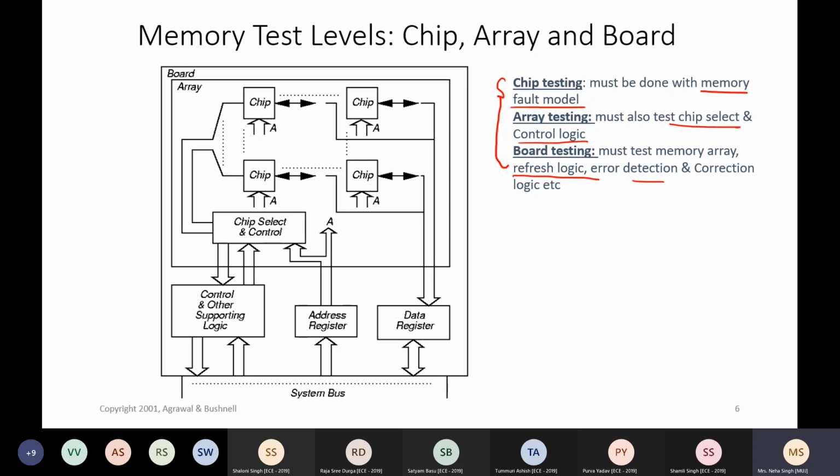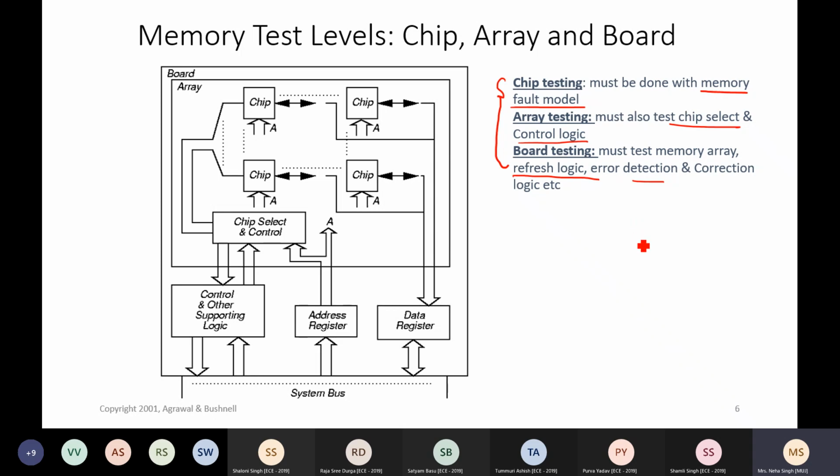This is a probability based method where we can detect where the error exists. Some coding methods are such that we can correct the logic as well, correct the identified fault.